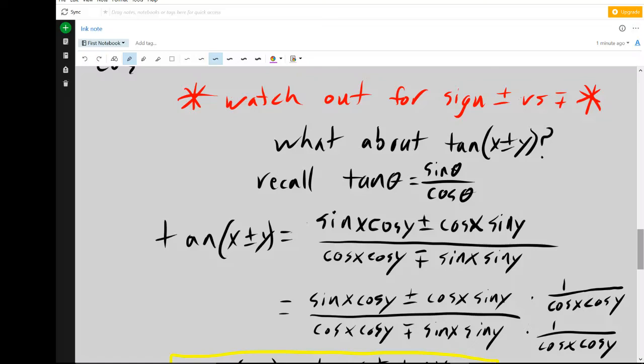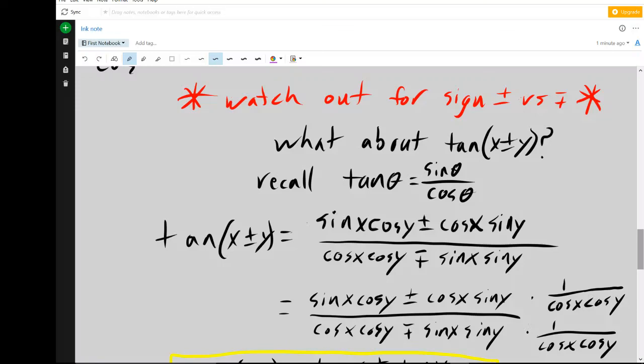What I noticed is that we have a sine x here, right? So I would need to have a cosine x on the bottom. Okay, so we start there. And then I have a cosine y next to it. Now, I can't make a tangent with a cosine in the top. So here, I mean, you can manipulate it as is, but for me, I decided to try to eliminate it, right?